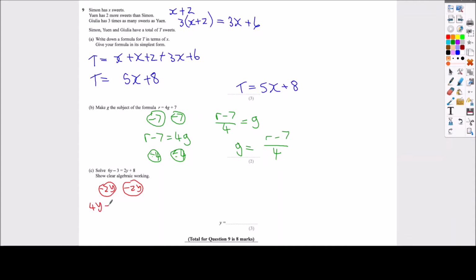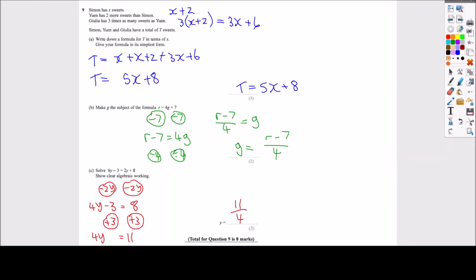So 4y minus 3 equals, and we're just left with the 8 on the right once we've undone the 2y. So we've got all the y's on the left. Now let's get all the normal numbers onto the right. How do we undo a minus 3? We add 3 to both sides. So 4y equals 11. And how do we undo a timesing by 4? We divide by 4. So y is going to be 11 divided by 4.